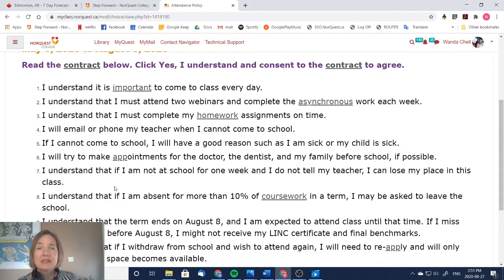You understand that if you don't come to school for 1 week, you may be withdrawn. You understand that if you miss 10% of your coursework, so that's about 6 hours in the term, you may be asked to leave. And you understand that if you are withdrawn for attendance, that you need to register again.